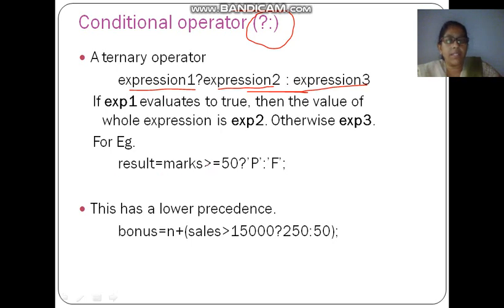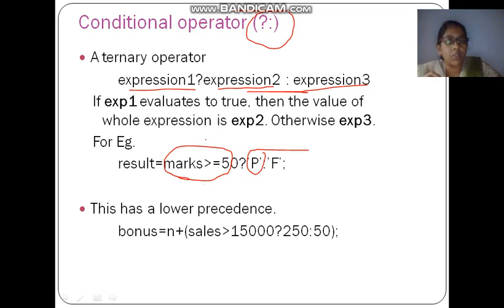Result equals marks greater than or equal to 50, question mark, P, colon, F. This is the first expression. It is checking whether marks is greater than or equal to 50. If it is so, then the result is assigned this P, the second expression.